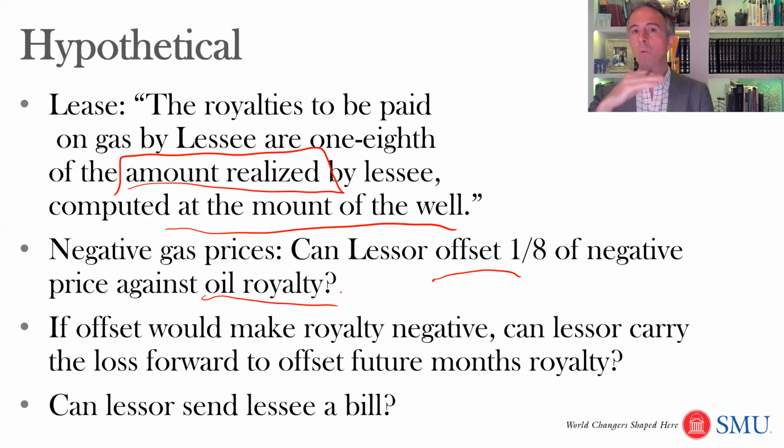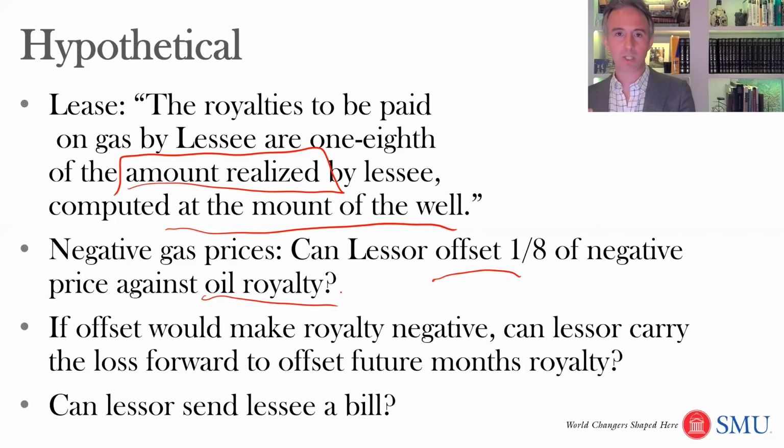Okay. Well, what if there's no oil to offset against? Or let's imagine that the gas royalty that had to require an actual payment from the oil and gas company to somebody to take it away is actually bigger than the oil royalty. So imagine that they had to pay $100 to get the gas taken away, and there was only $50 of oil royalty that month.